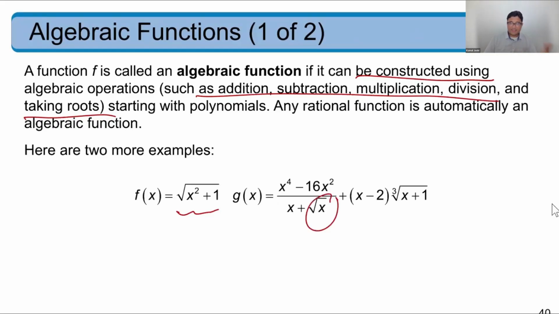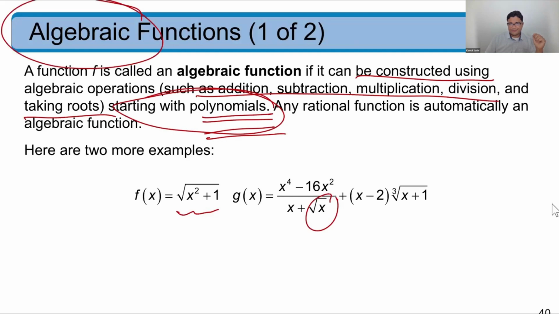But in general, it is an algebraic function. Everything comes from polynomials, which are either taken the square root or raised to some power and so on. Combinations of polynomials. Basic thing, starting with polynomials. This is the important point. Starting with polynomials, those will be algebraic functions.